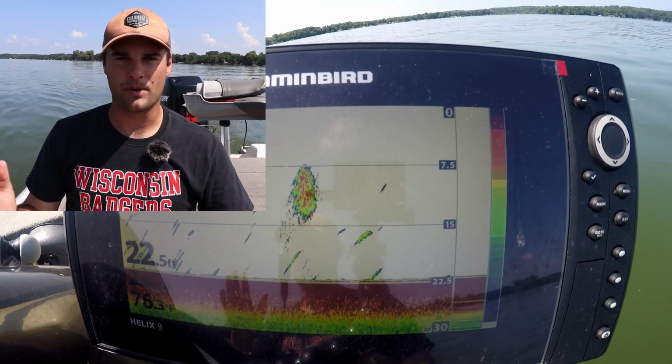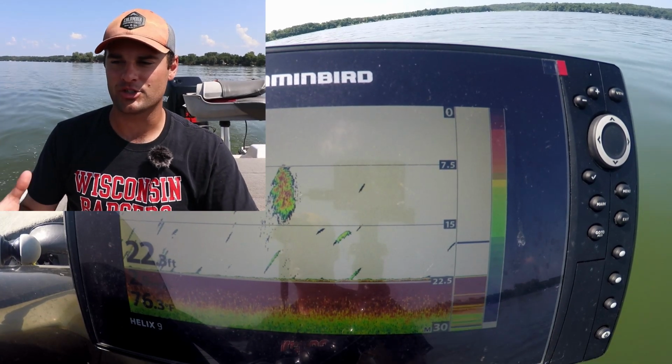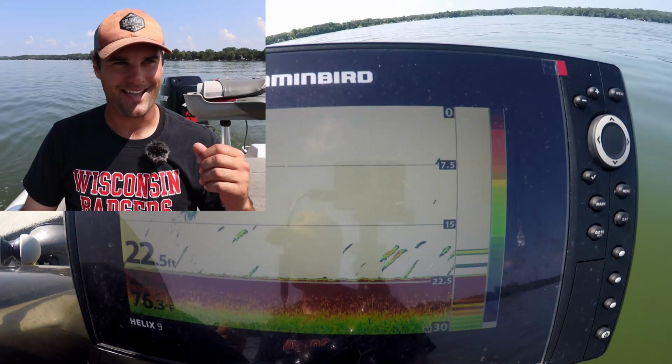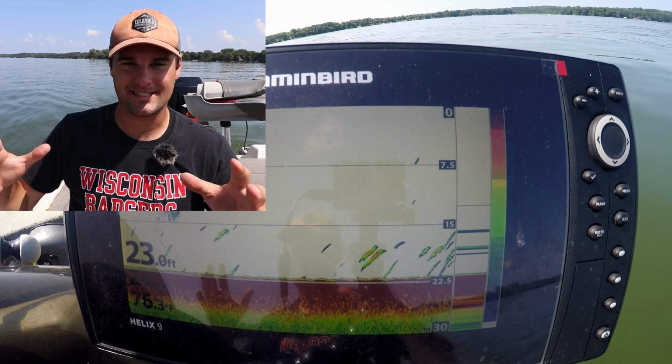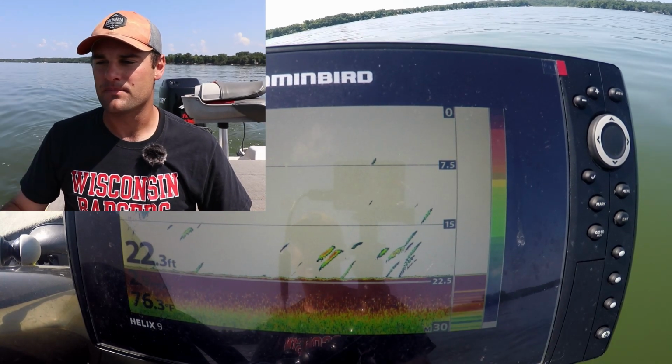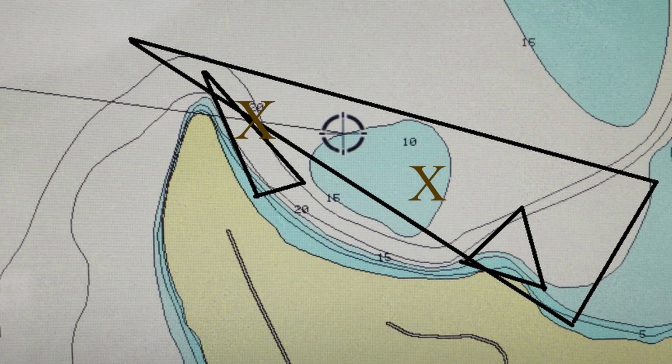So if we pull up the map, the places you should be starting to look for these brush piles are in the middle part of that triangle towards the point. Now, if they're man-made and they're placed in a spot where people were naturally catching crappie anyway, this middle part of the triangle towards the point is where the crappie are going to be in the summer months and into the fall.